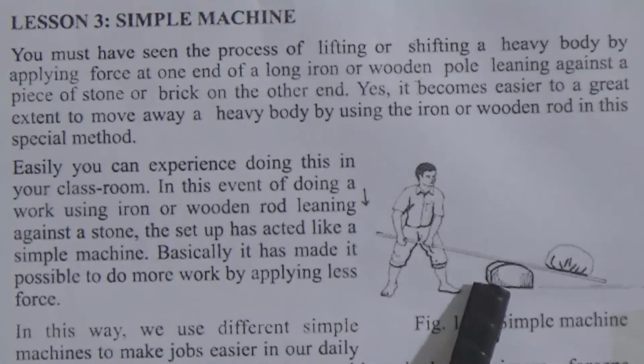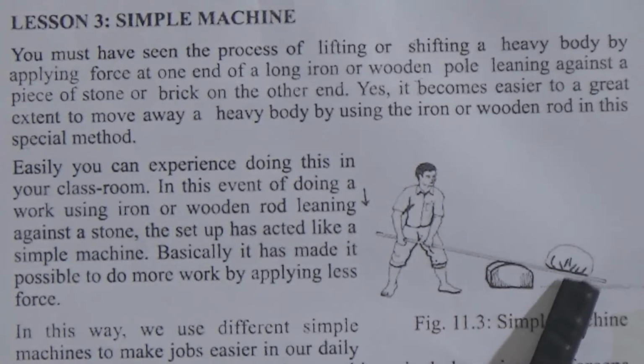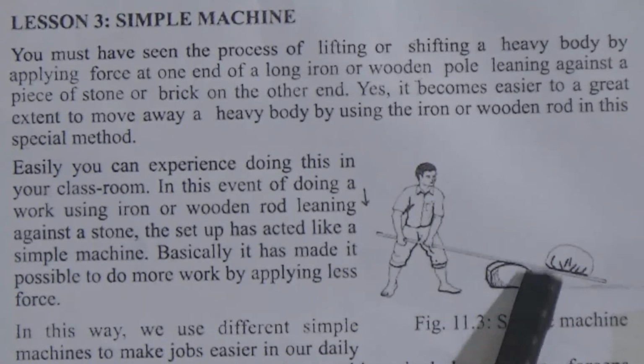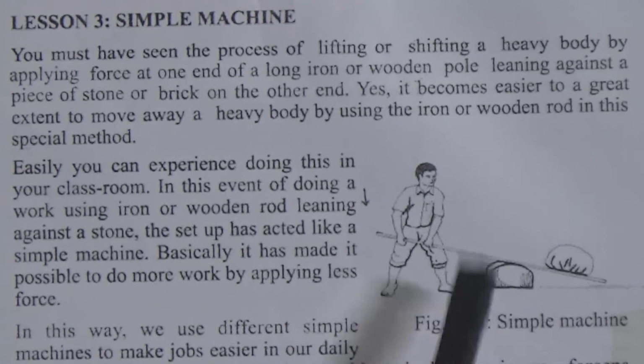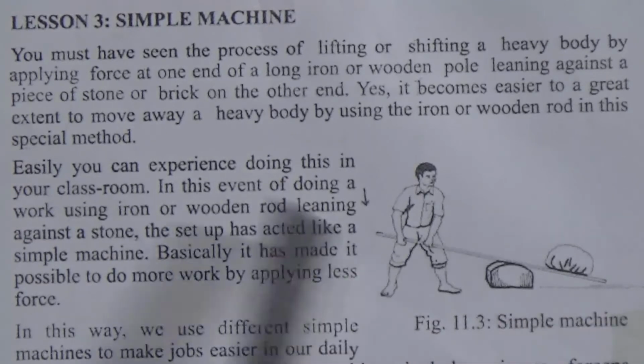This type of simple machine in the village, the people use to pick up heavy weight easily, and this is called lever, and here it is indicated as simple machine.